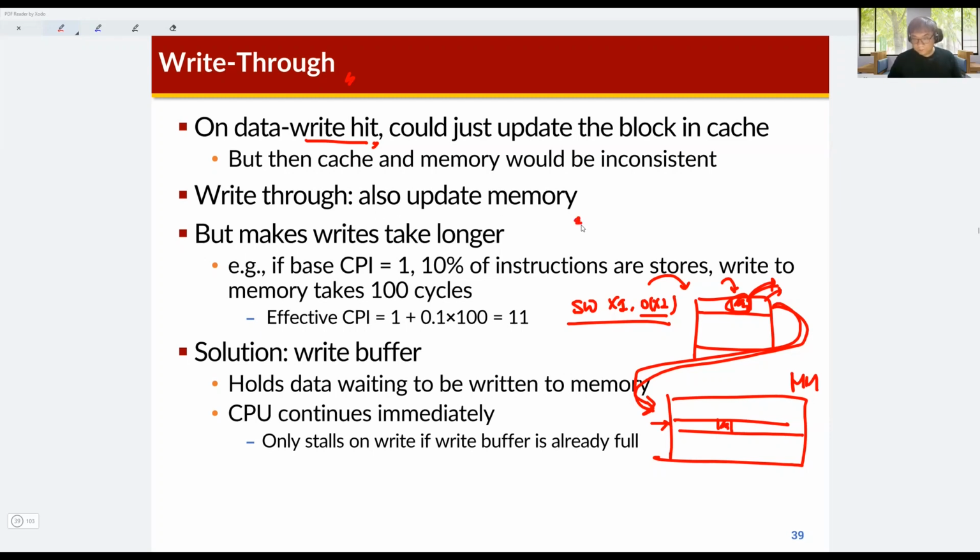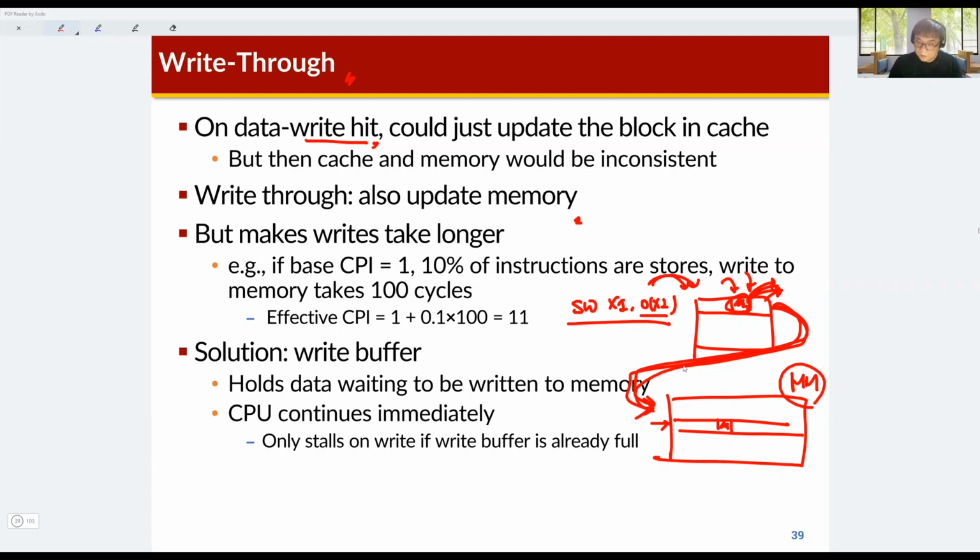So with write-through, the data in the cache and the data in the main memory are identical for the write operation, right? Because when the write operation is performed to the cache, this update is immediately transferred to the main memory, and the content of the main memory is also updated.